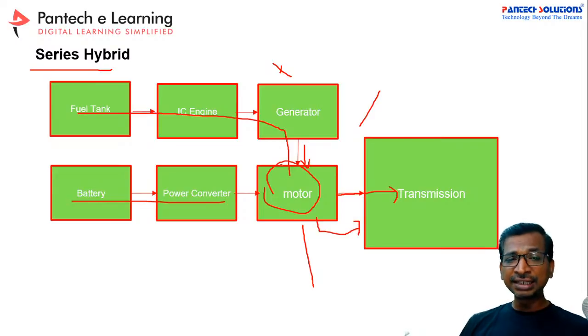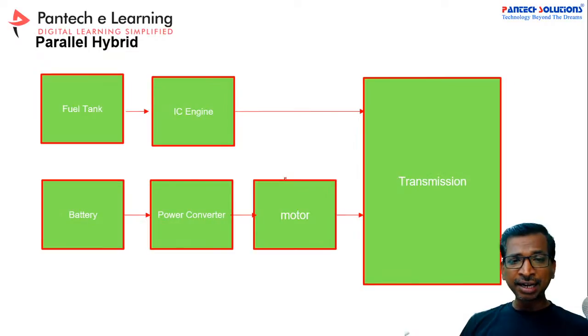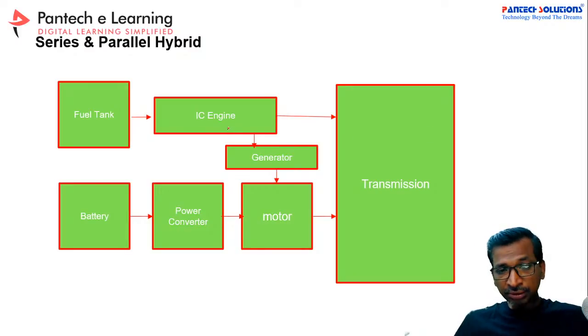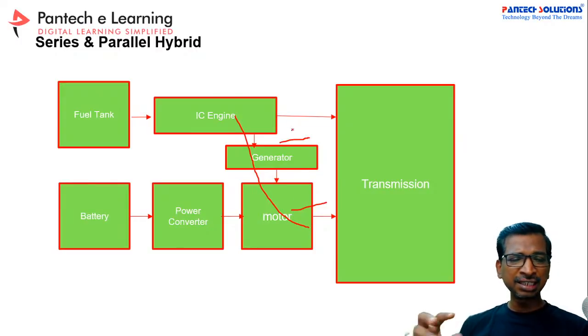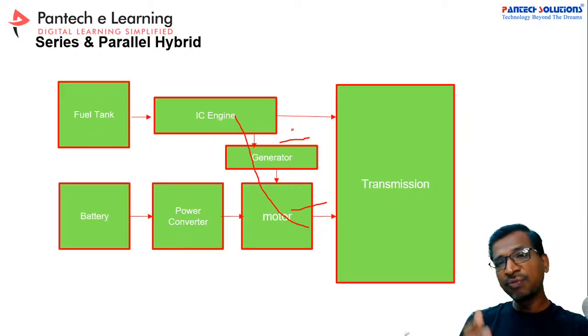This is called the series hybrid. Similarly, in the parallel hybrid, both powers are directly connected to the transmission system, so based on the availability of the source, the vehicle can move. And there is also the series and parallel hybrid, where the entire system works in either series mode or parallel mode. These are some basic concepts to understand how the vehicle works.